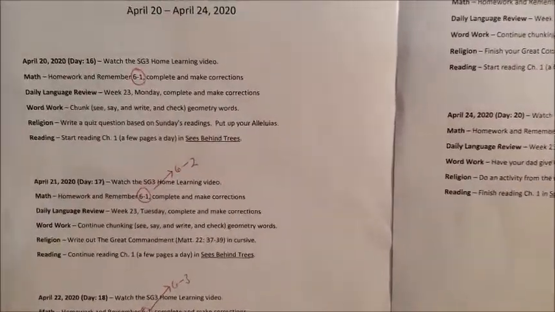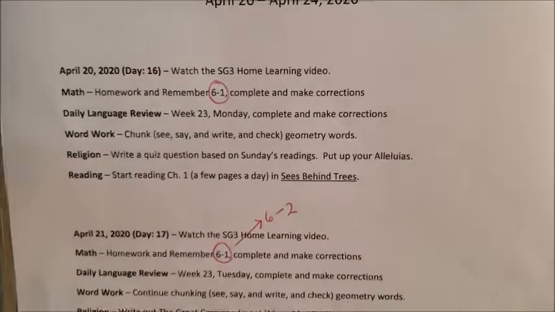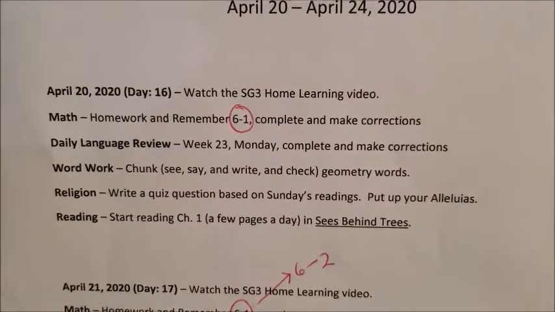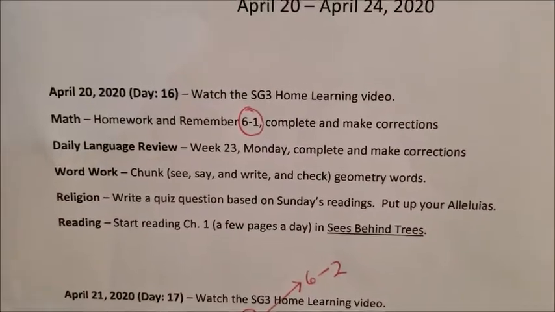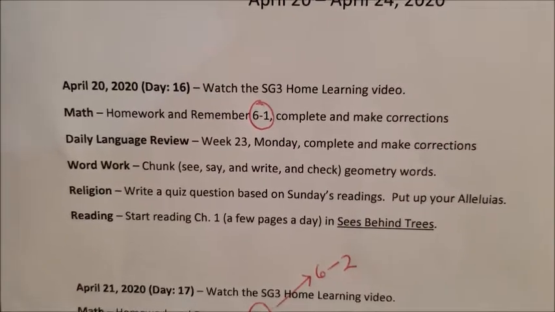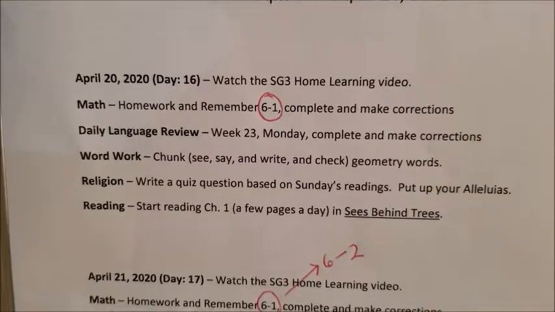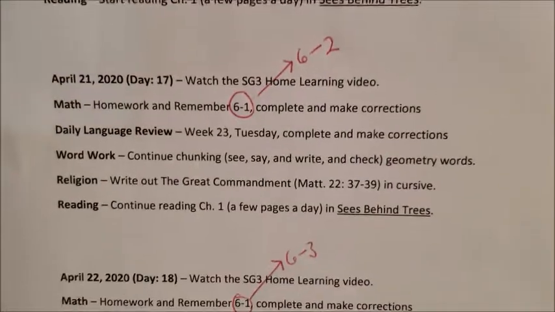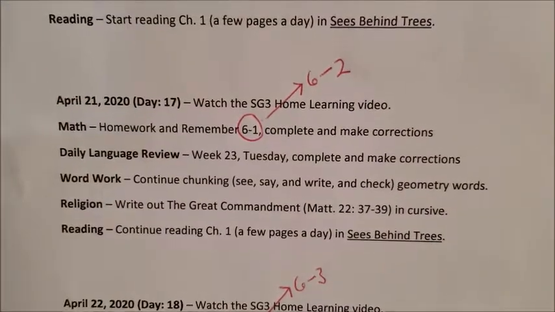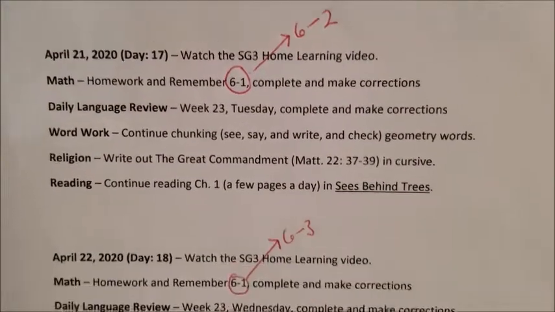Yikes, boys and girls. I made a mistake on your assignments, at least how I typed it out. You've probably already caught it. Homework for math is 6-1 for Monday, April 20th. For the 21st, it's not 6-1 again, it's 6-2.